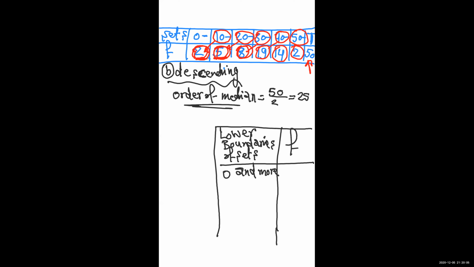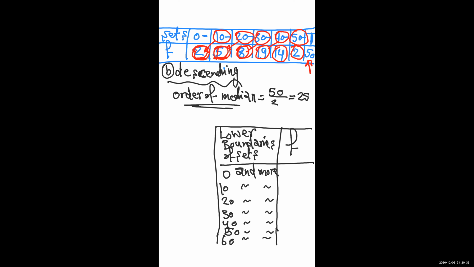Do you remember that? Then 10 and more, 20 and more, 30 and more, 40 and more, 50 and more, and then finally 60 and more. Okay, so 0 and more, from the table here.